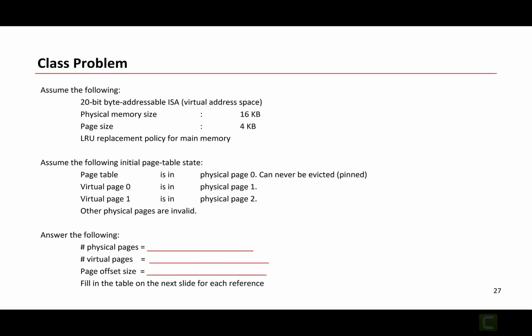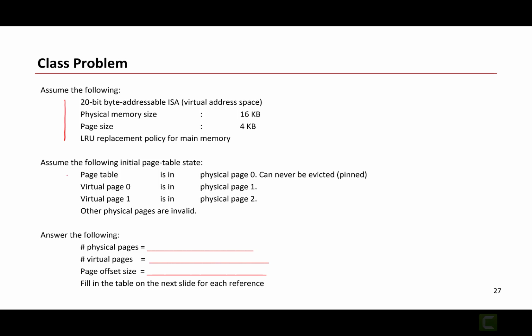Consider the following virtual memory problem. This is very similar to the type of cache problems that we solved, except that in this case we are going to simulate how the virtual memory would be maintained by the operating system. We are given the size of virtual memory and the physical memory, the size of the page, and the type of replacement policy that the operating system uses for main memory.